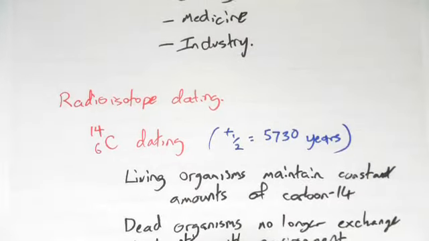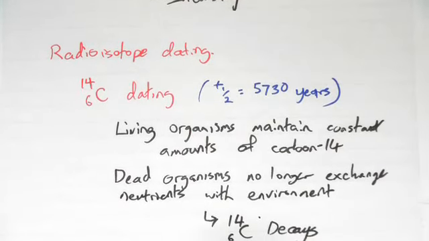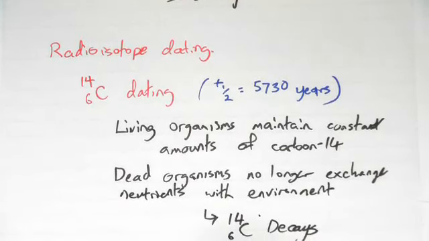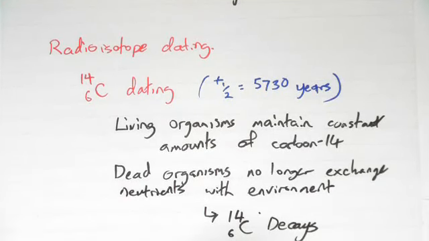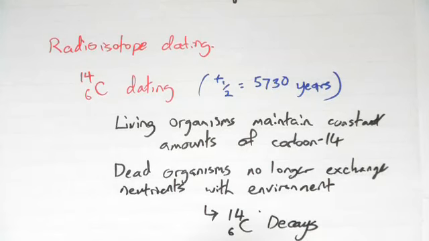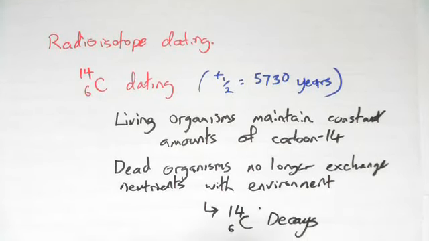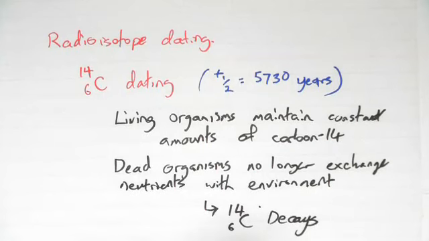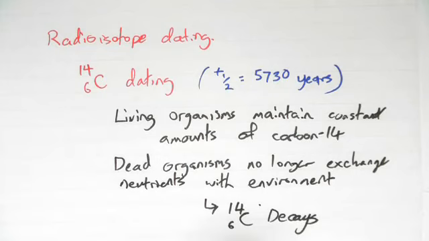The most known and the most commonly used of which is carbon dating. So you use carbon-14, 14C, which has a half-life of 5,730 years. It's normally made in the atmosphere from nitrogen-14, which is the normal isotope of nitrogen, the most common one.